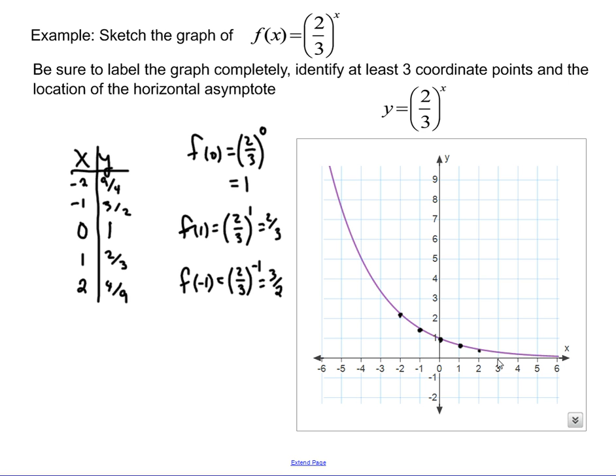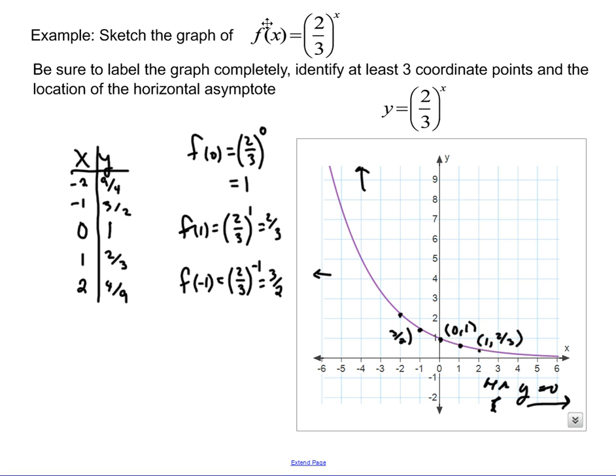There is a horizontal asymptote along the line y equals 0 as we go to the right, and the graph goes towards positive infinity as x tends towards the left, passing through points like (0, 1), (1, 2/3), and (-1, 3/2).